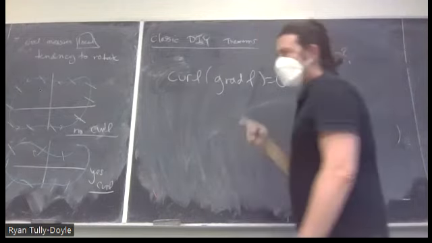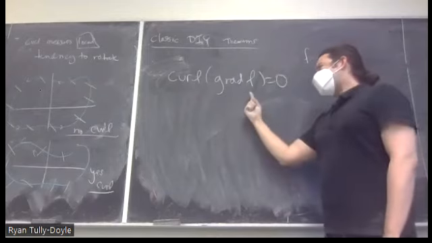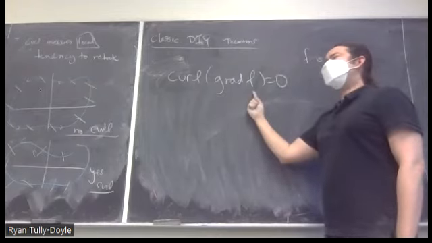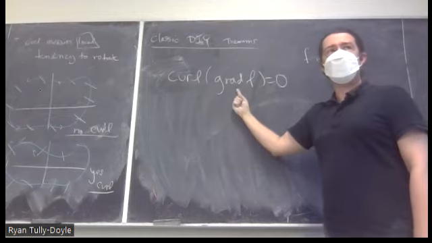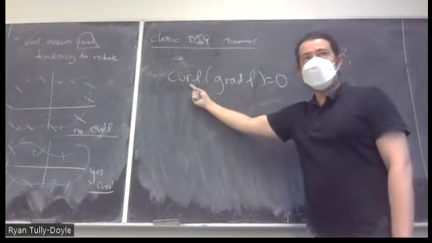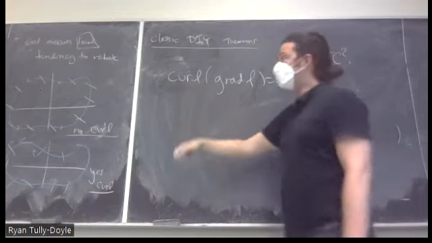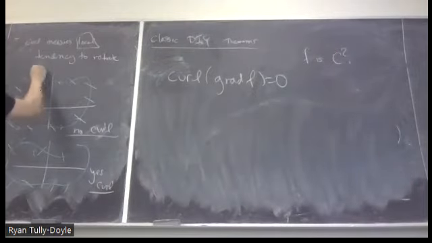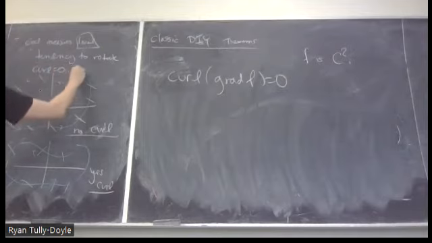Let's make sure this makes sense. So F is a scalar valued function. Its gradient is a vector valued function. Its curl is a vector valued function. So we're calling this an irrotational field. Curl 0. Irrotational.